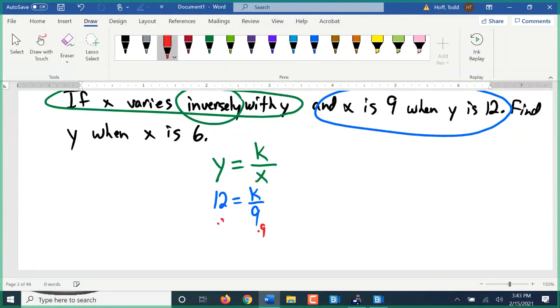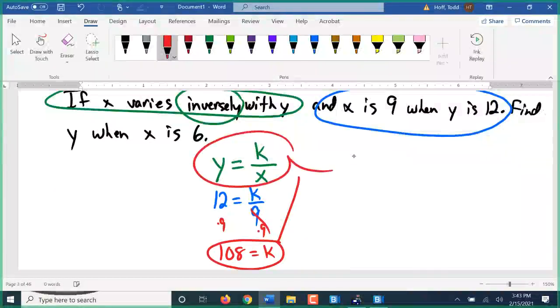Solve for k. We can multiply by 9. 12 times 9 is 108. Here the 9's cancel out, so that's k. So 108 equals k. So this relationship up here, y equals k over x, actually becomes y equals 108 over x.